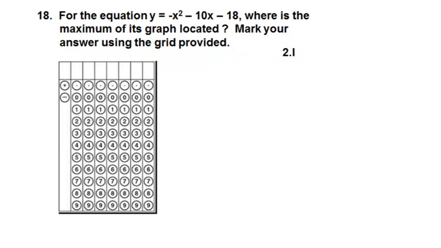The last one, 18: for the equation y equals negative x squared minus 10x minus 18, where is the maximum? When we look at this, we are talking about where. You're talking about x values. I think this is another common mistake on the test.